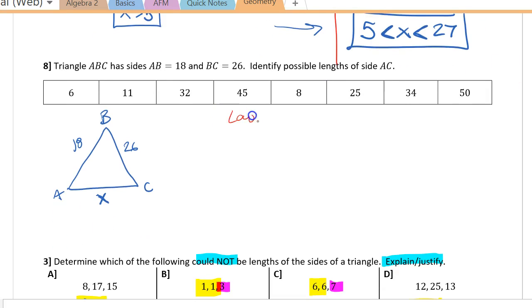So for the low bound, I'm going to subtract my values. This again is assuming that 26 is the biggest side of my triangle. So that would be 26 minus 18, which gives me 8. I'm trying to figure out what the range of values is for this possible x.